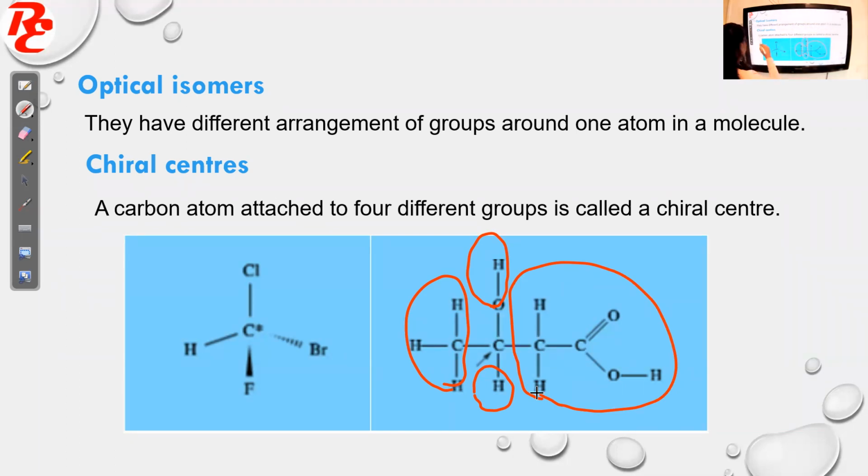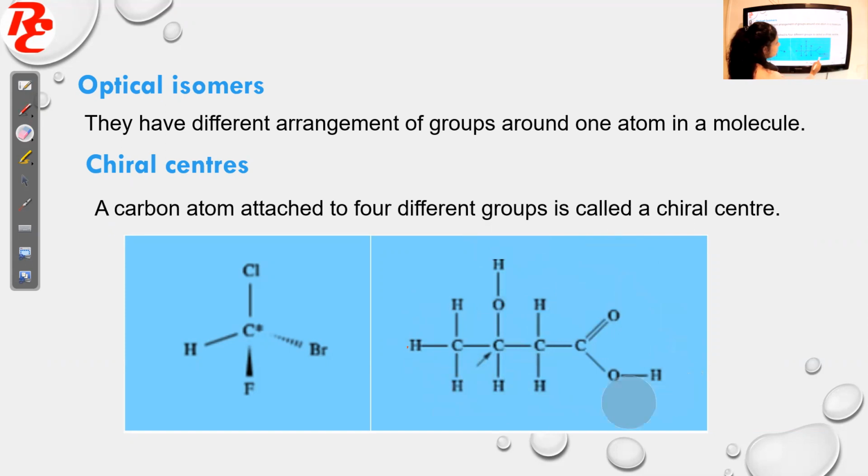And the last carbon is also not chiral. The groups on that carbon are different, but it only has 3 groups. Because of the carbon-oxygen double bond here, this carbon has only 3 groups: this one, and that whole group. So it won't be chiral, because you need to have 4 different groups attached to the carbon to make it chiral.